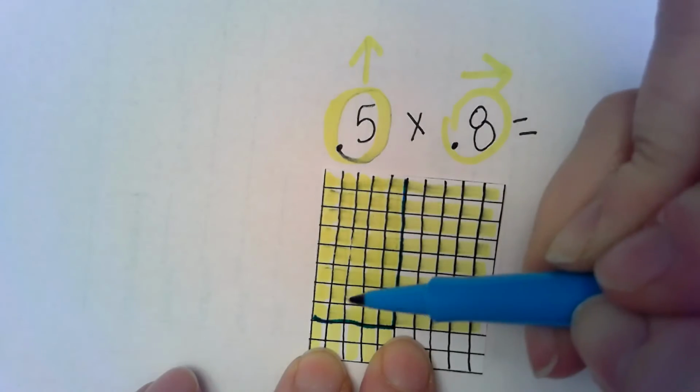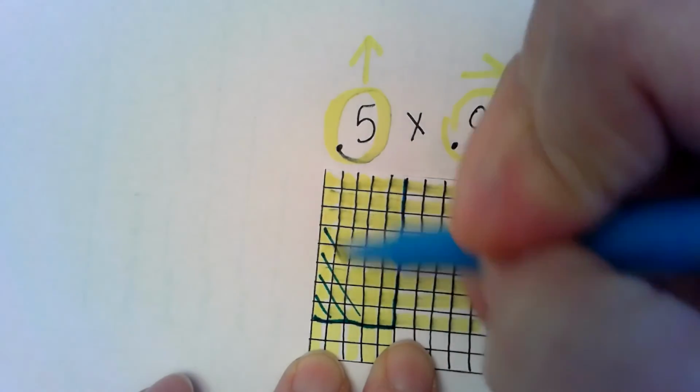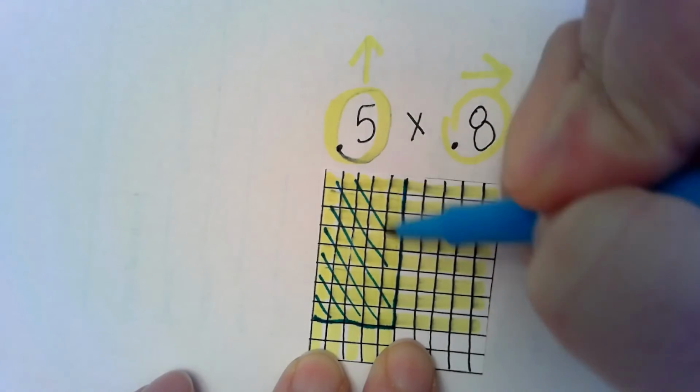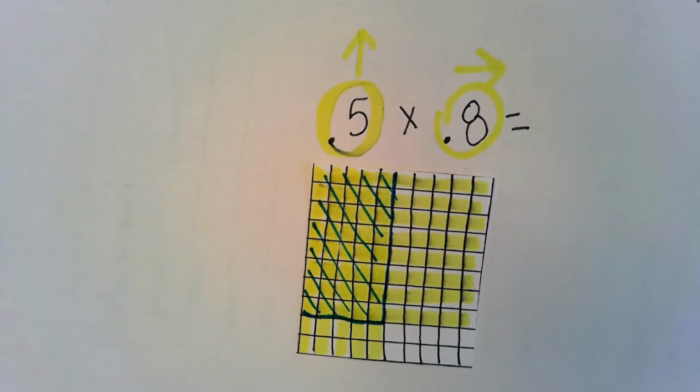This is where my columns and my rows together overlap. Well, when it comes to multiplying decimals, this is where the answer lies. So the answer lies in the overlap. That's where we're going to figure out what 5/10 of 8/10 is.